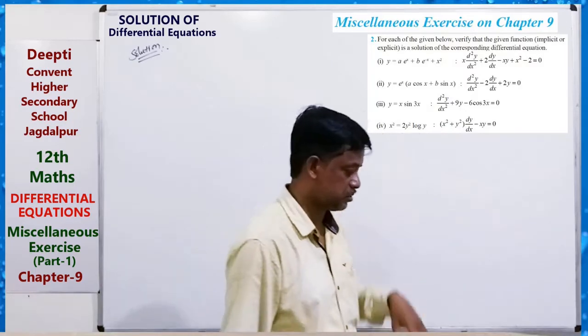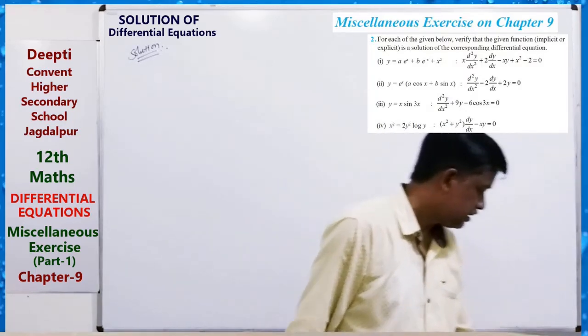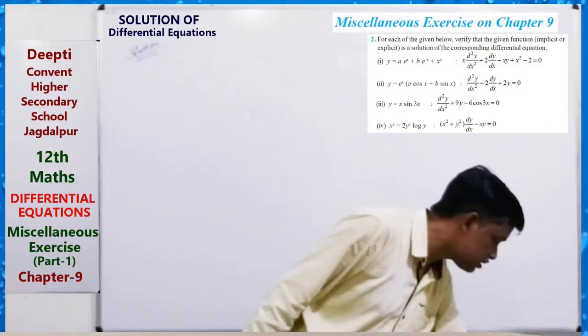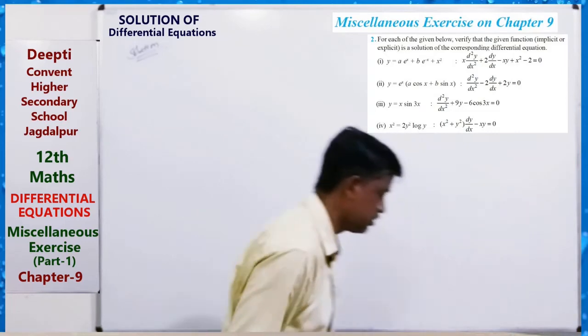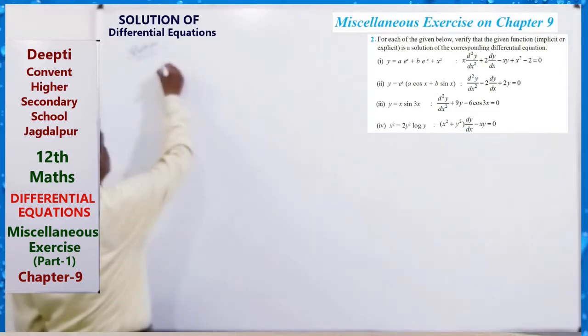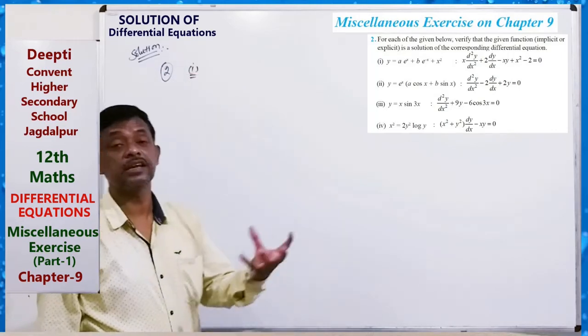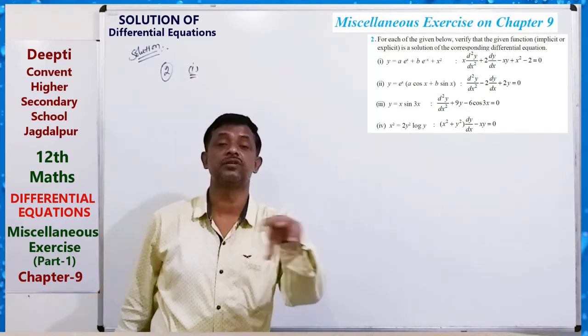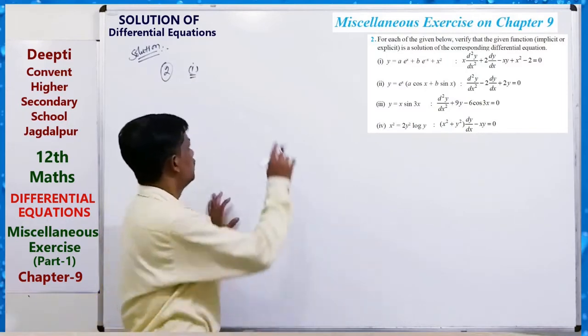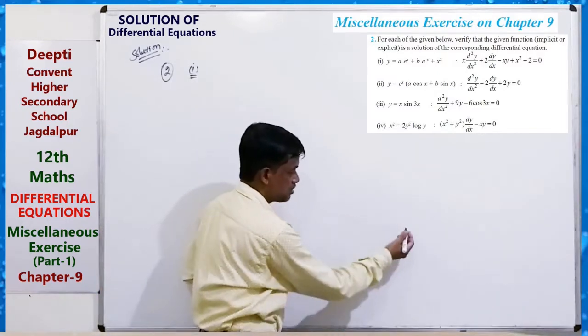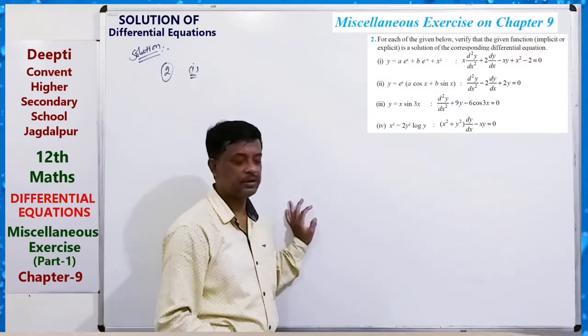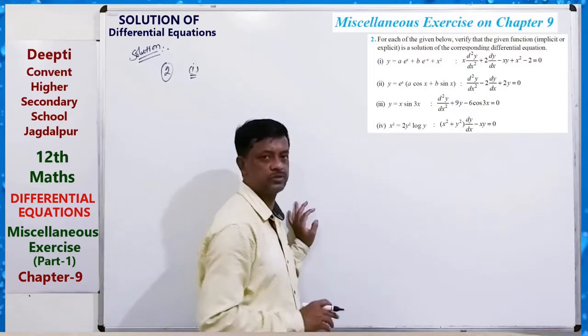So first take the first question: y equals a to the power x plus b to the power minus x plus x square. For verification, if the differential equation contains first order and second order derivatives, then find them.